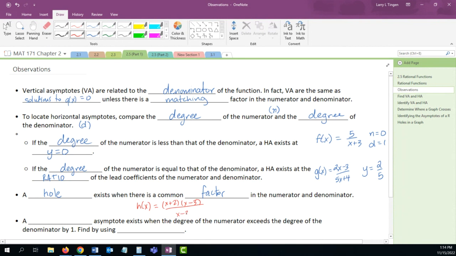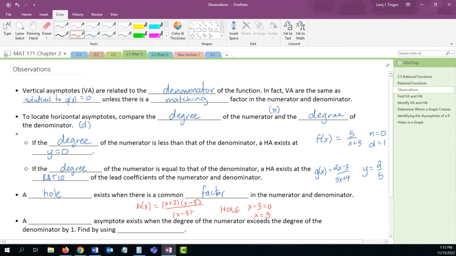I'm going to write this out already in factored form. So if I give you h of x is equal to x plus 2 times x minus 3, divided by x minus 3, this means I have a hole at, what? When x is 3.